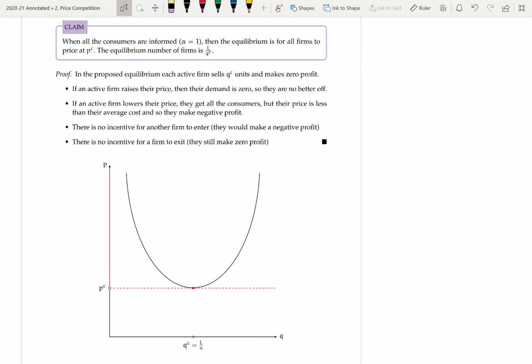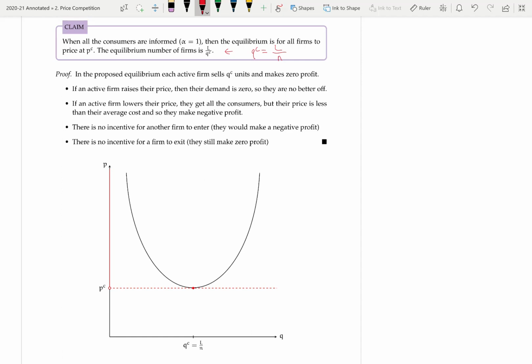The equilibrium when alpha equals 1 is that all firms price at P(C), the minimum of average cost, and the equilibrium number of firms is L over Q(C). Again, this just comes from the zero profit condition. Each of the N firms is producing Q(C) units, and in total, the firms are producing L.